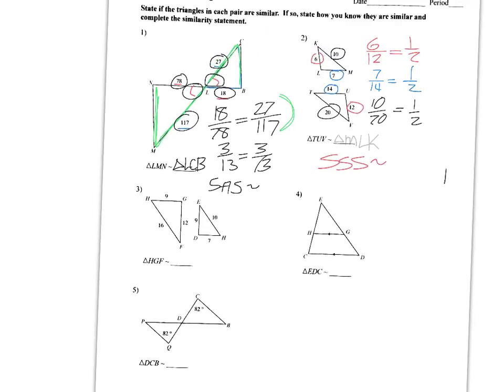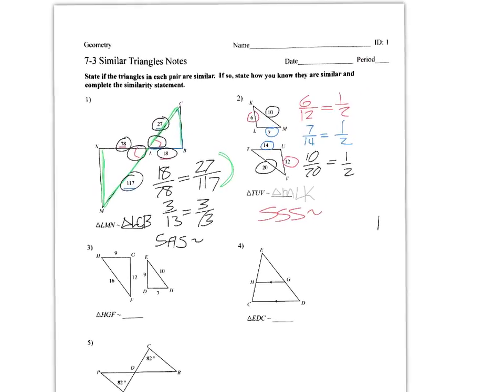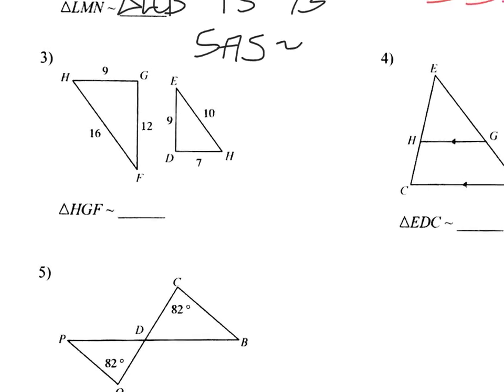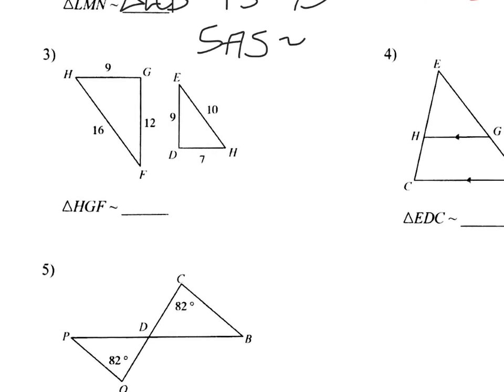Again, you've got to check. It says state if the triangles are similar. So you always have to check to see if they are first before saying anything else. So here we have side, side, side, but I've got to check my proportions, my ratios. Here, 9 is the smallest side, and this one 7 is.